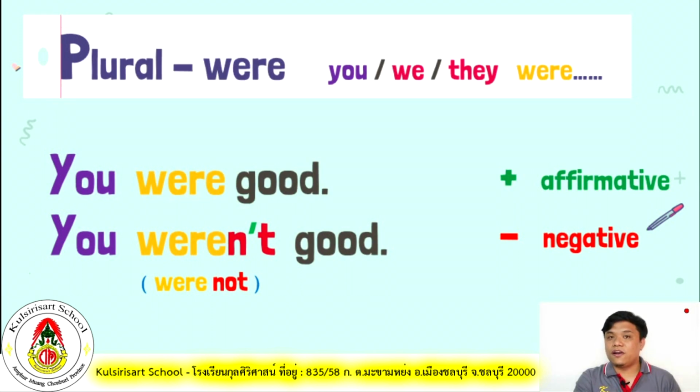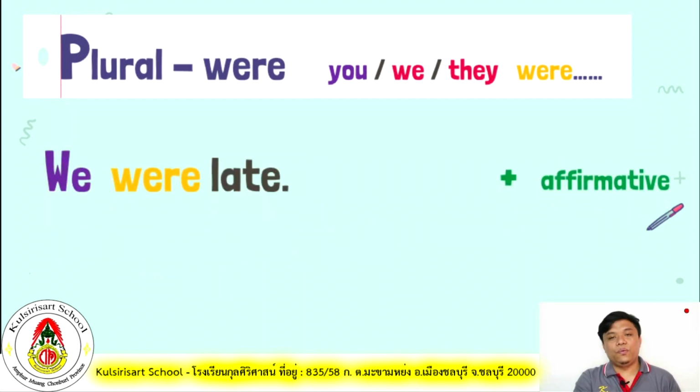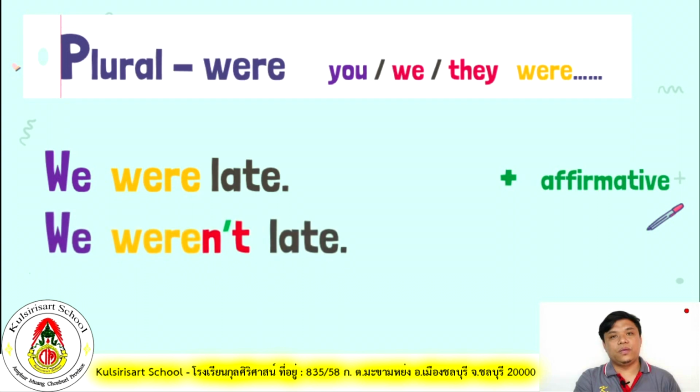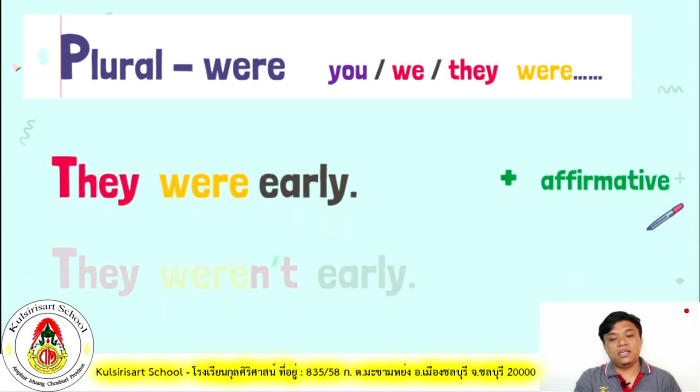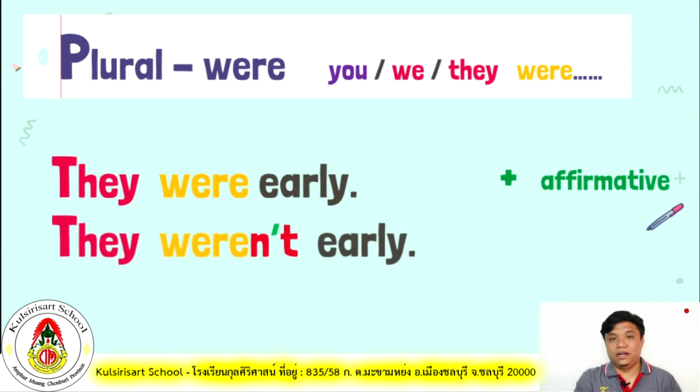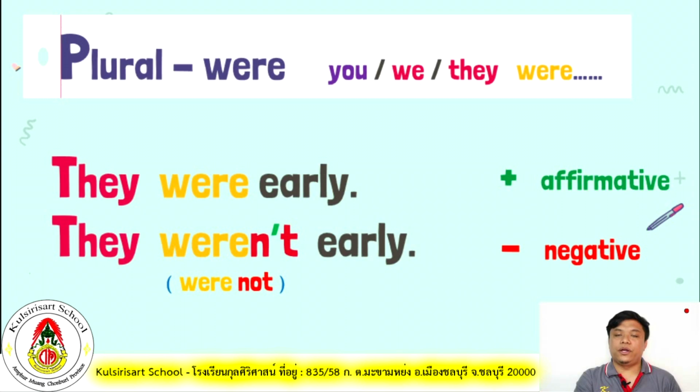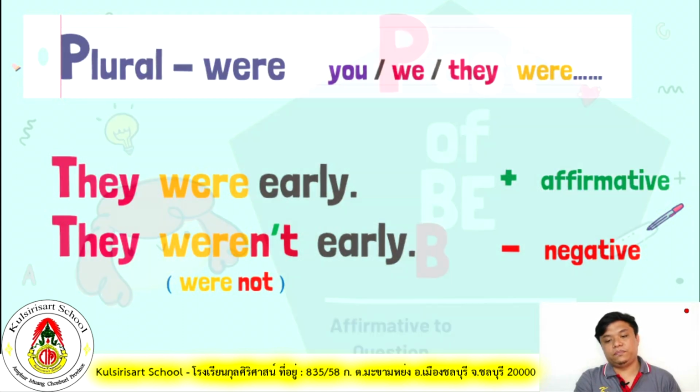Okay, were not becomes weren't. We were late. We weren't late. They were early. They weren't early. So it's easy. From the words were not we put a contraction, so it becomes the contracted form.